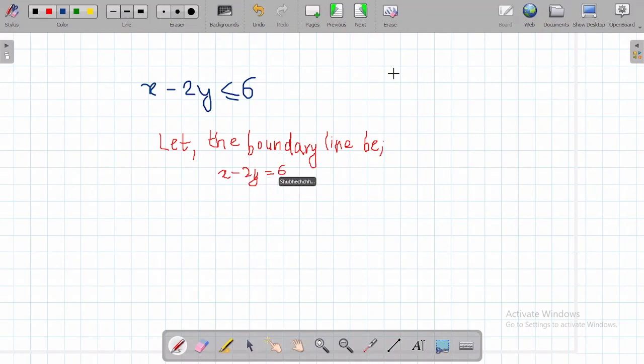All of you, please, you can see the screen. First of all, Subeksha has written the boundary line.